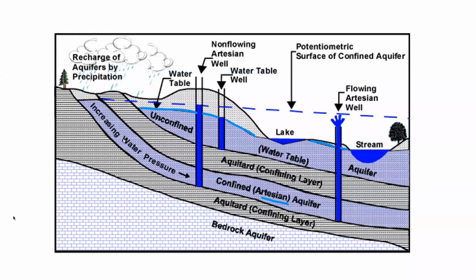And they're actually under increasing pressure as they move under what they call an aquitard, or a confining layer. These confining layers are oftentimes things of very densely packed clays, right, that don't allow a lot of water to transition between one aquifer into another.